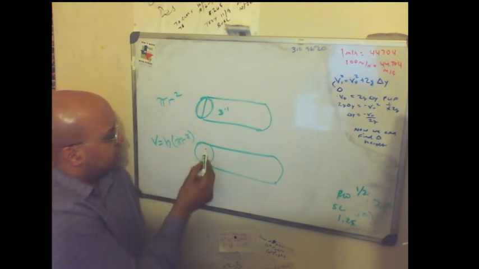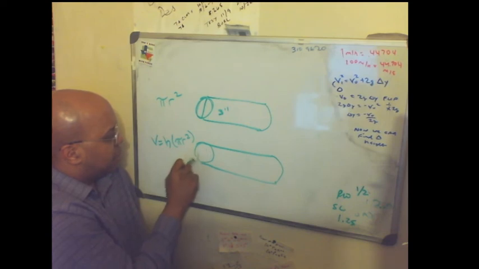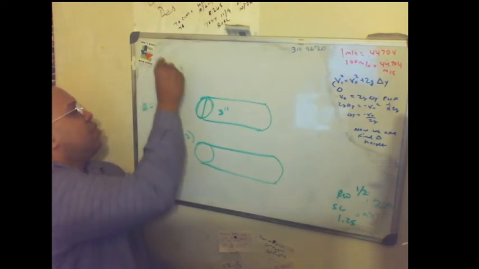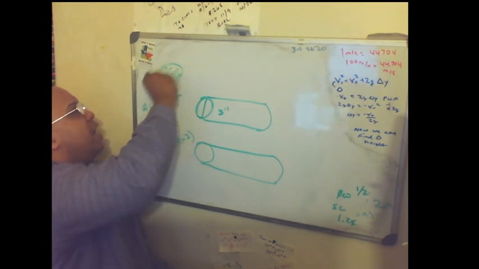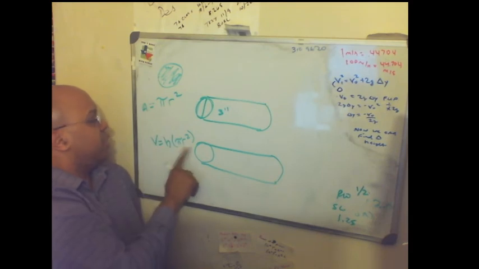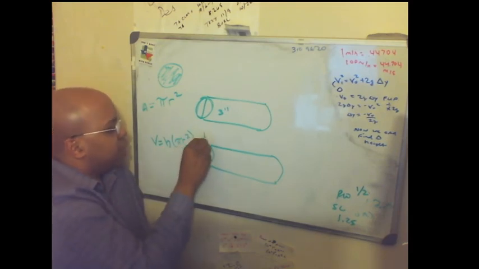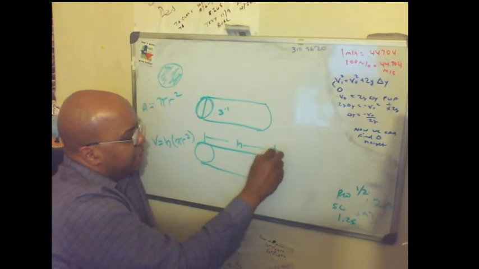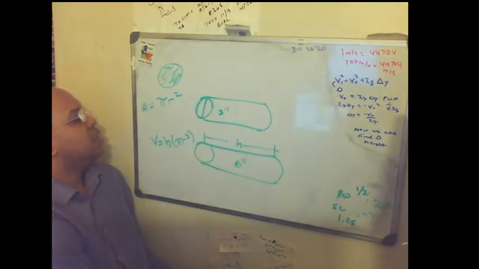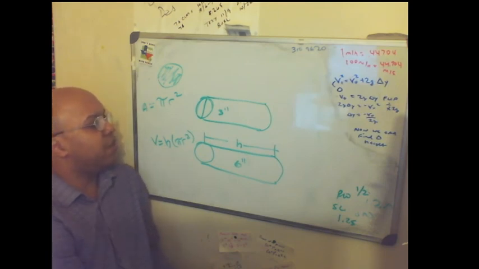So if you look at this, we have the circle that we're talking about. This is the area of a circle. If we just had a circle and wanted the area, it's pi r squared. So now the volume uses this, and it's just using the height as another component. So we'll say this is 6 inches and this is 3 inches. So what we'll do is compute the volume of these two cylinders.